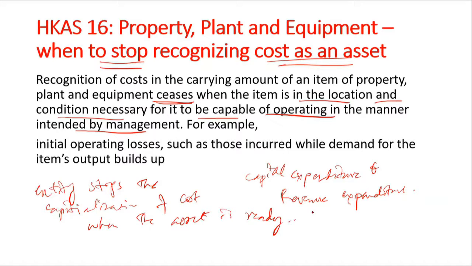So when the asset is ready to be used by the management as intended, the company has to stop recognizing any other cost incurred after that criteria has been met. So you will stop once the asset is ready. No further cost will be capitalized unless any other thing comes up.